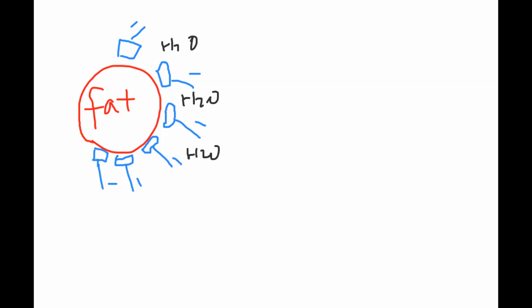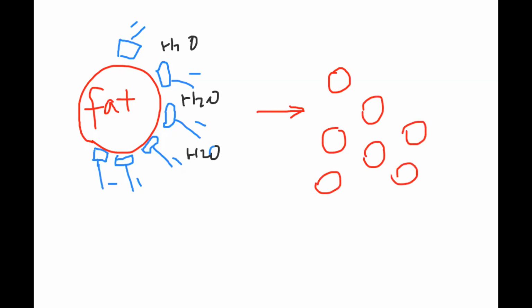So there is a force that pushes them apart. And also with the help of water, now this fat drop can be torn into smaller droplets. This process is called emulsification.